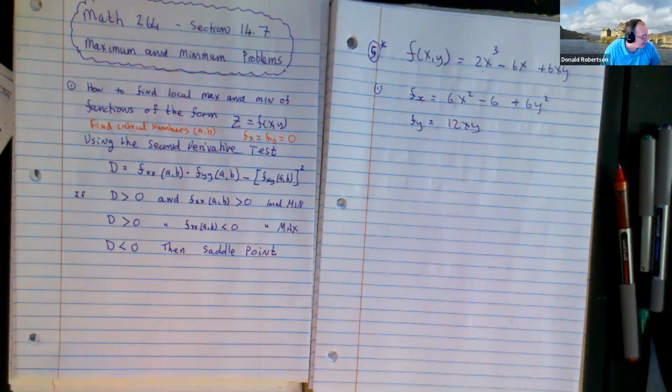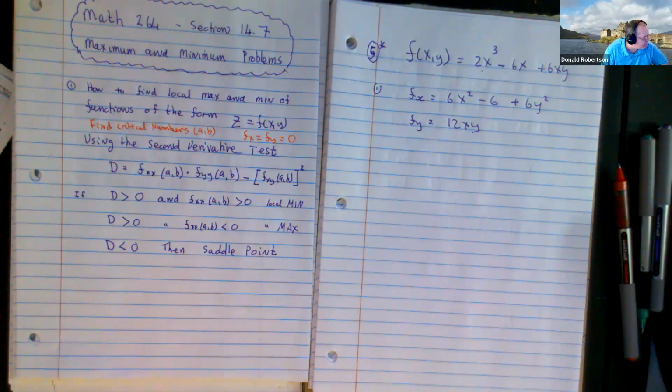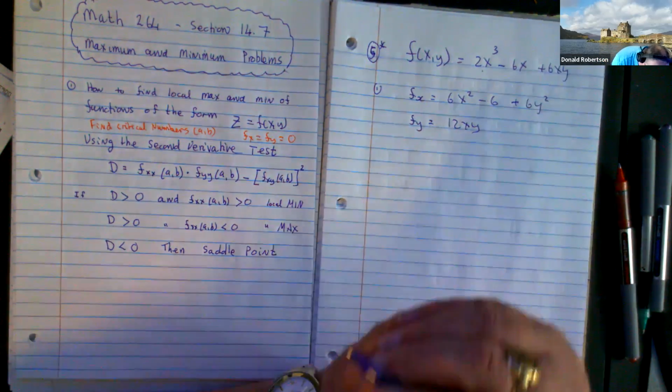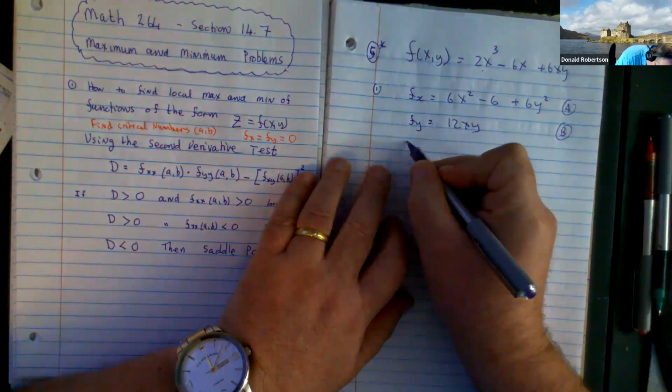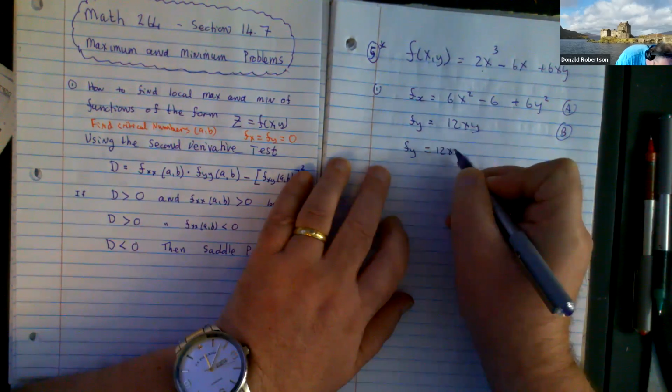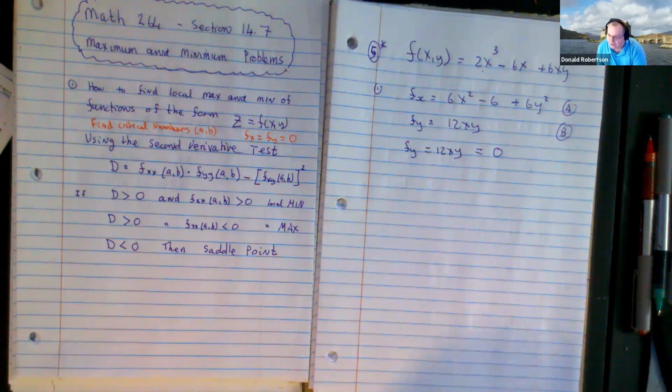Then we have the algebra, and I think very often finding the critical numbers, solving when these are both zero, is one of the hardest parts of this process, right? Well, that's equation A. I'll call that equation B. If I take this guy and I set it equal to 0, would you agree that there are some possibilities here?